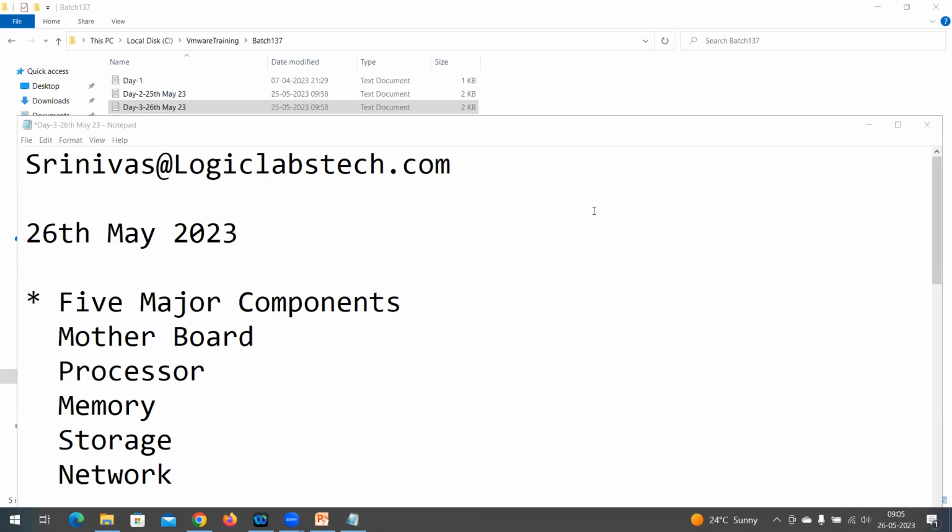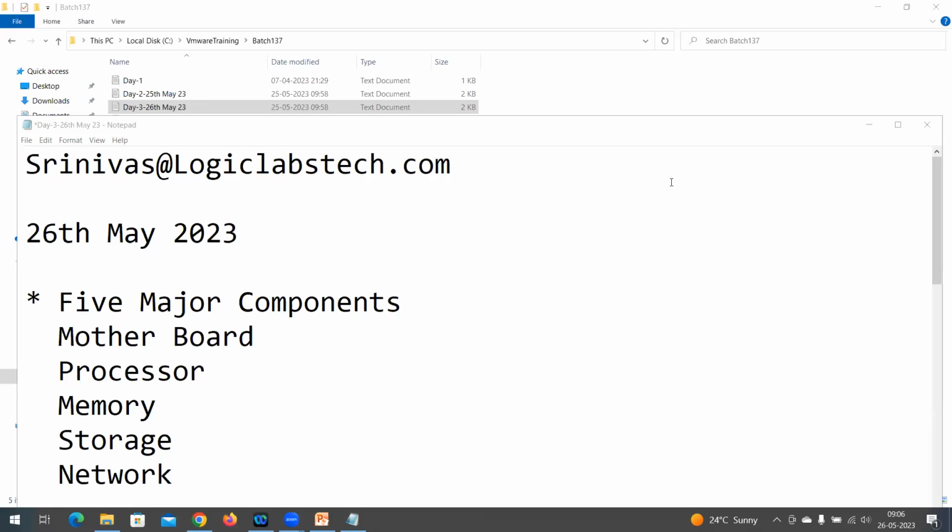Yesterday, just a recap of whatever we discussed. In the first session, we discussed the demo and what we are going to cover as part of this VMware administration training. On day two, we discussed, before going for virtualization, what the important hardware components are.